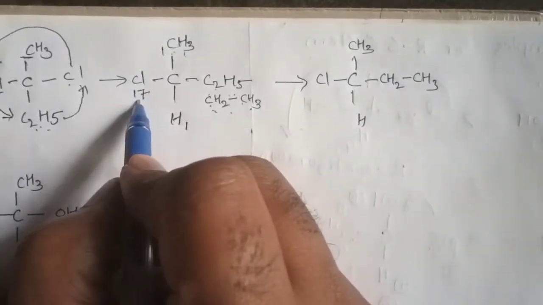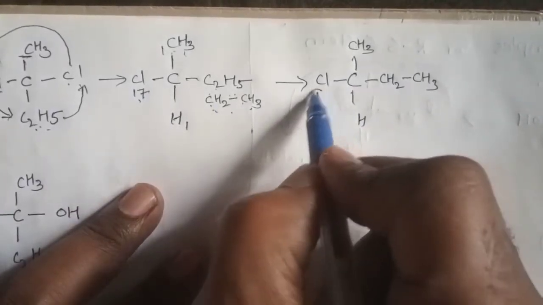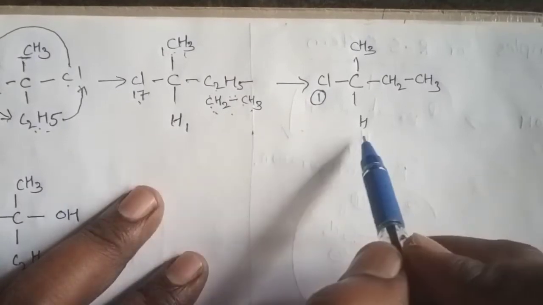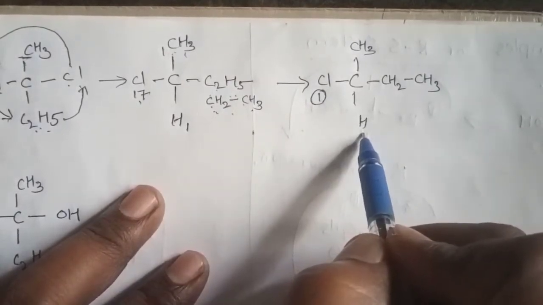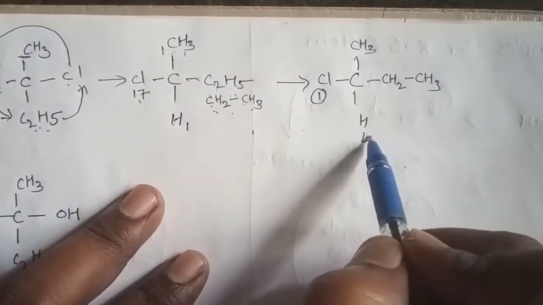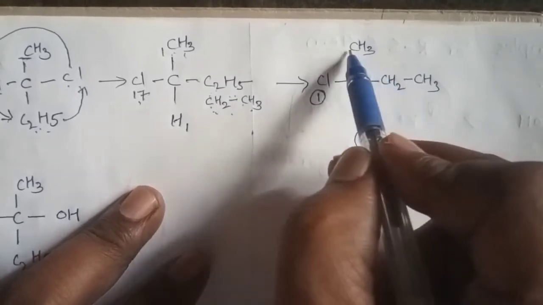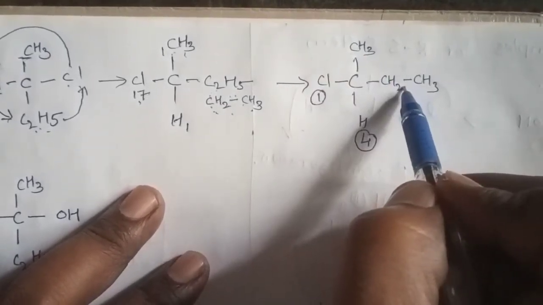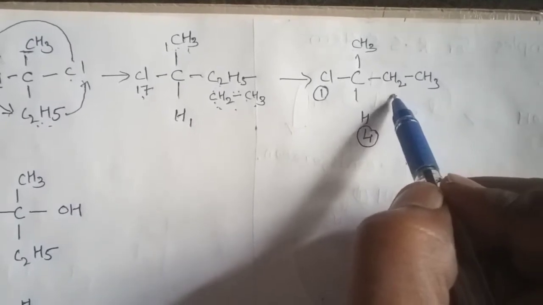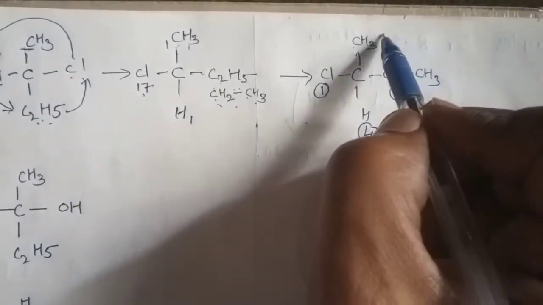Chlorine has atomic number 17, obviously this is first priority, right? Then hydrogen, atomic number 1, means last priority among the groups. Then among these two, what is the next priority? This will get second priority, and this will get third priority.